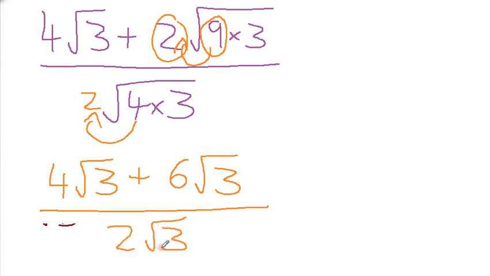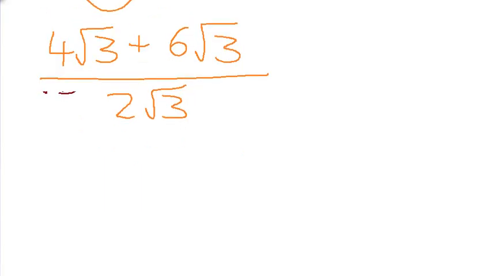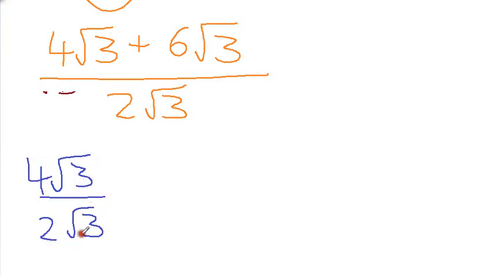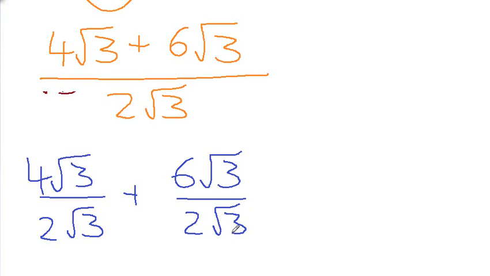And then what we can do, which is quite nice, is we can break up the fraction. So we get 4 root 3 over 2 root 3 plus 6 root 3 over 2 root 3. Basic fraction work. Everything should cancel out.